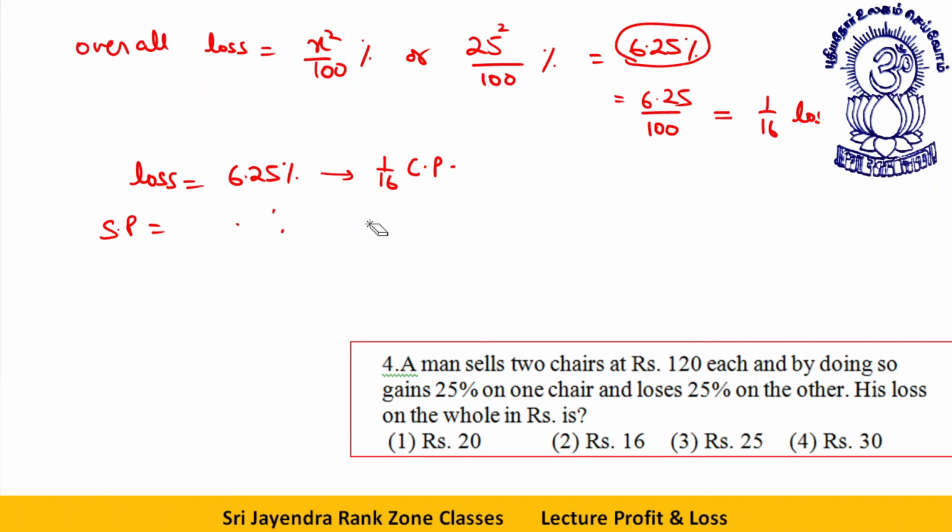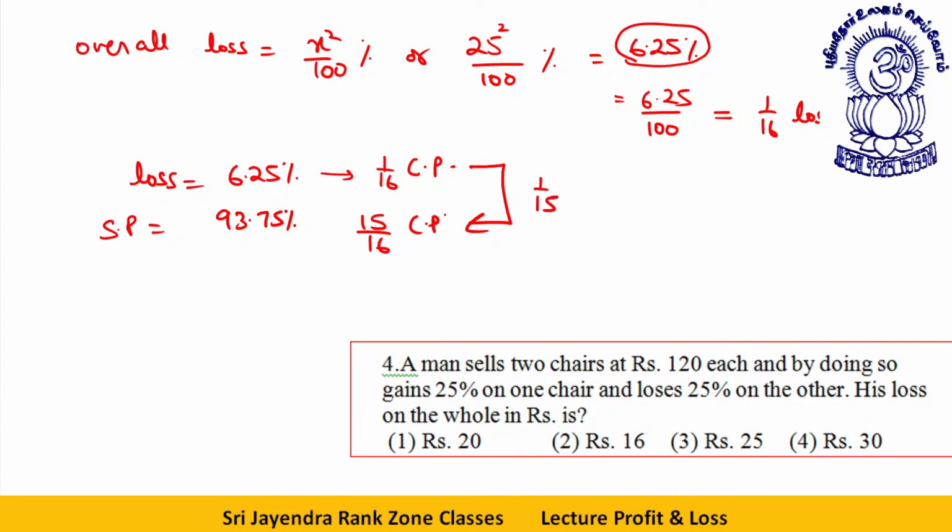So selling price will be 15 by 16 of the cost price, because that way calculation will be easier. So I can say the loss is 1 by 15 of the SP. Getting it? This is 93.75%.